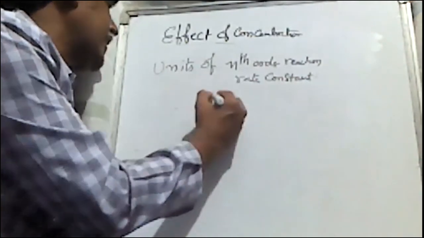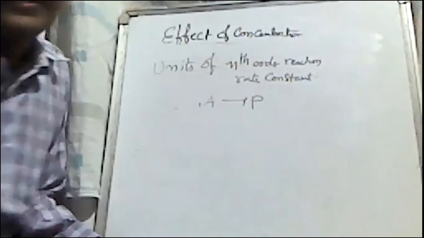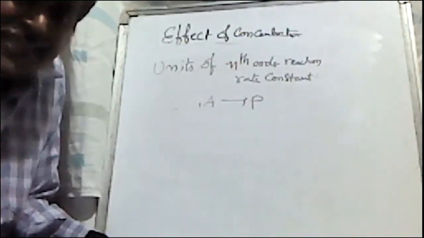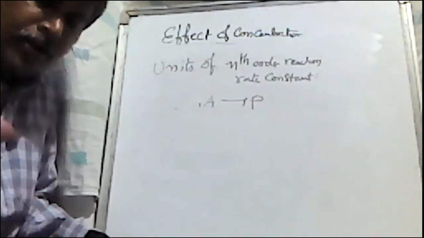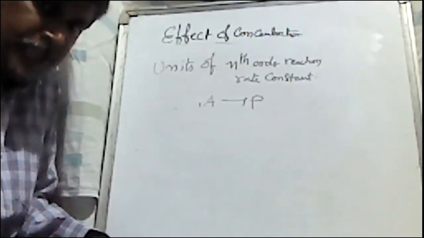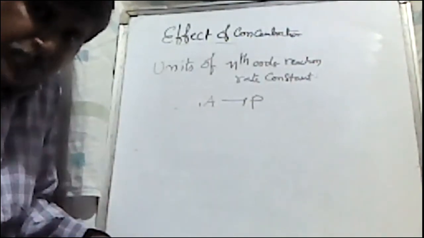Now let us consider an nth order reaction, A gives rise to P. As the order is n, the power of the concentration term is n. If I say order is 1, the power of the concentration term is 1.